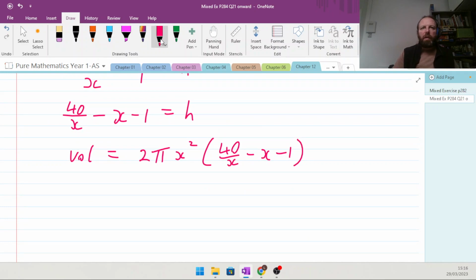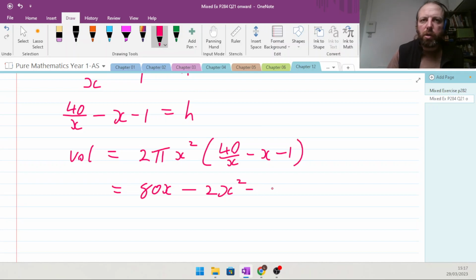Multiplying that out, we'll keep the pi on the outside, multiplying by x squared we get 40x minus x squared minus x cubed. Where did the extra 2 sneak in?